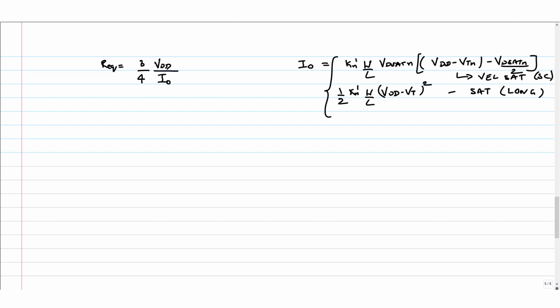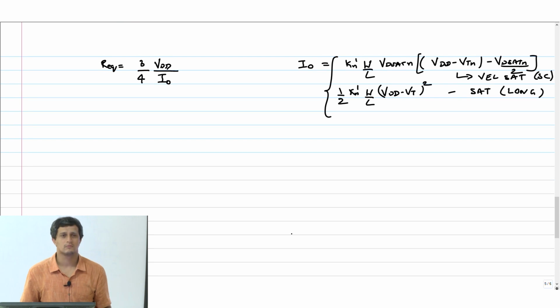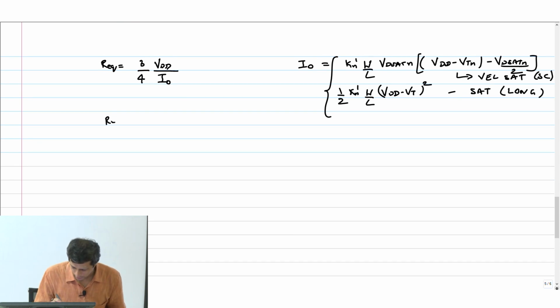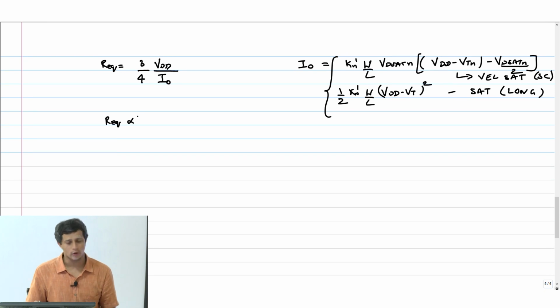Okay. So look at this equation of R equivalent now, right? Clearly it is going to be inversely proportional to W, 1 over W, because the I naught is sitting below, right?